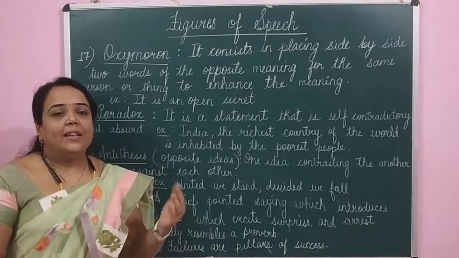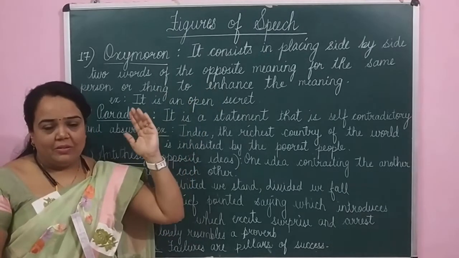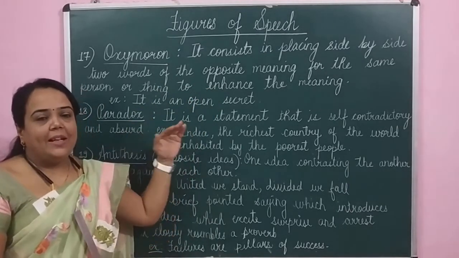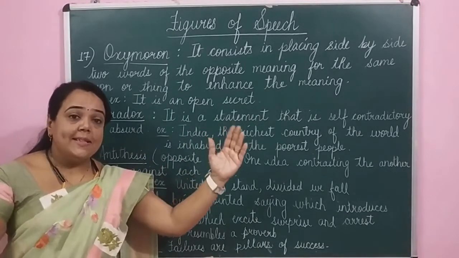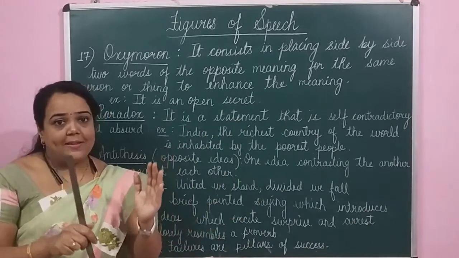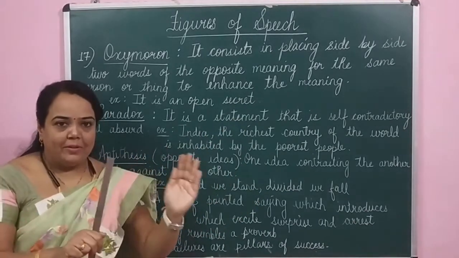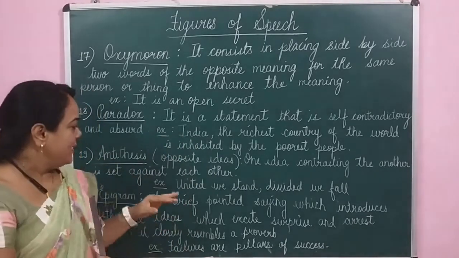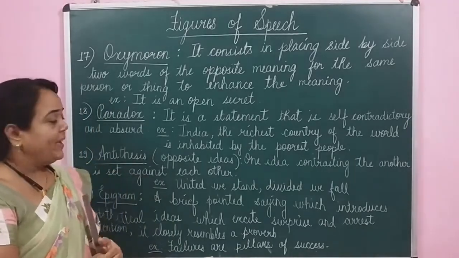Anti, opposite; thesis, ideas. In oxymoron, opposite words; in antithesis, opposite ideas are placed in the same sentence, not in the same phrase, but as a part of the bigger sentence. Example: united we stand, divided we fall.